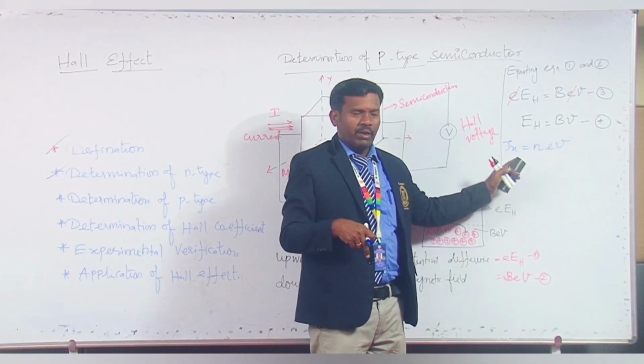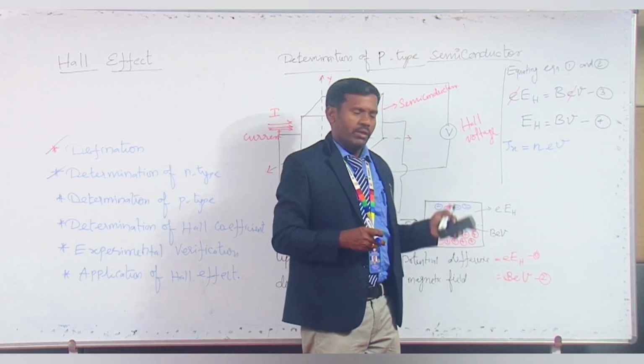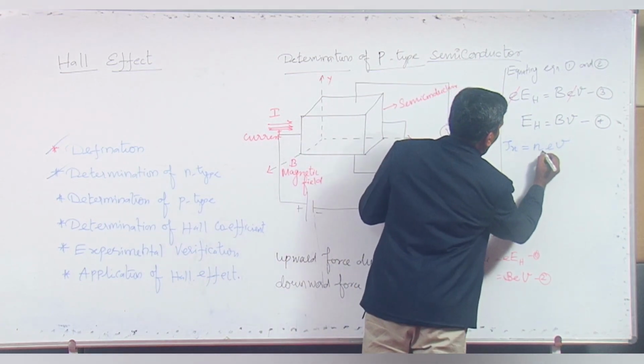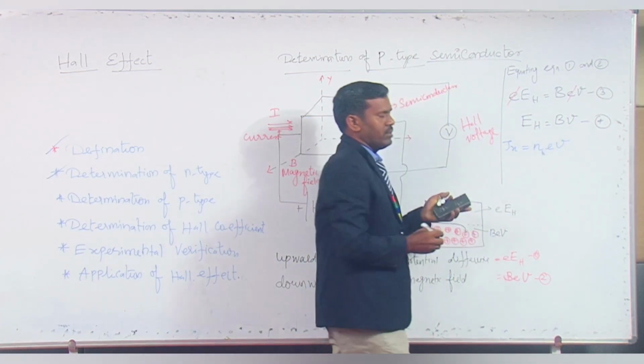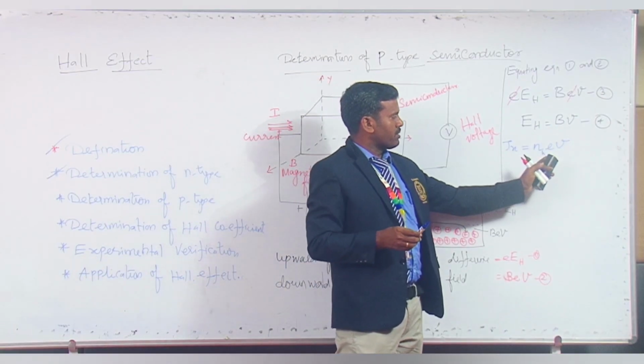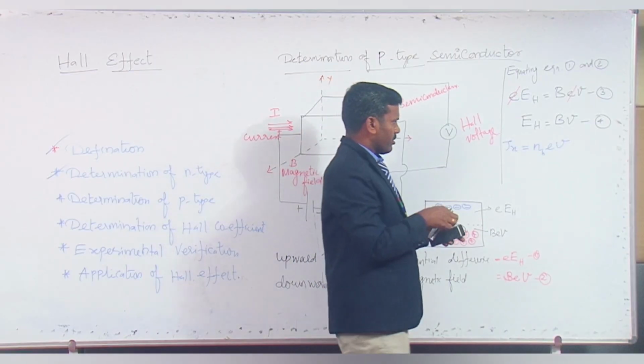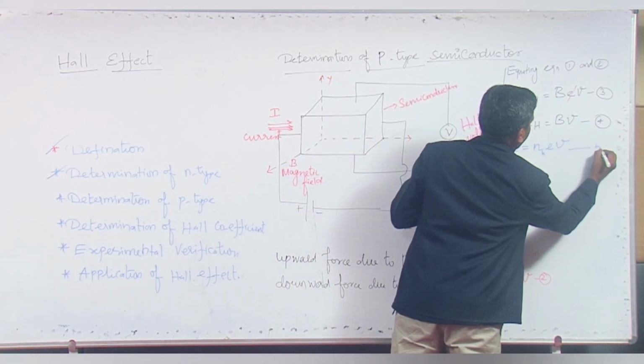But here the current density Jx is equal to NEV, and we represent holes, so NhEV. For our convenience, we represent holes, which means p-type semiconductors. This is equation number 5.